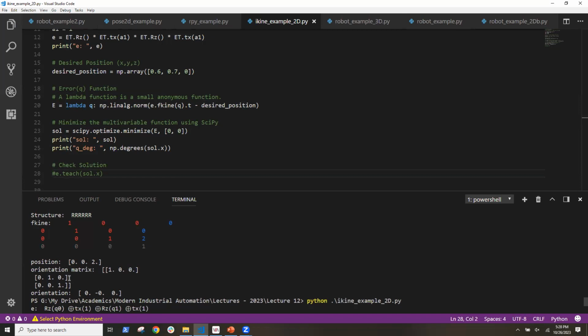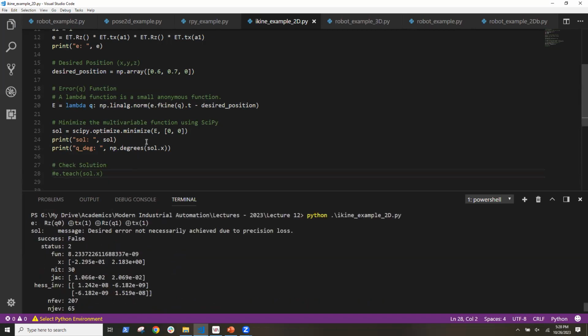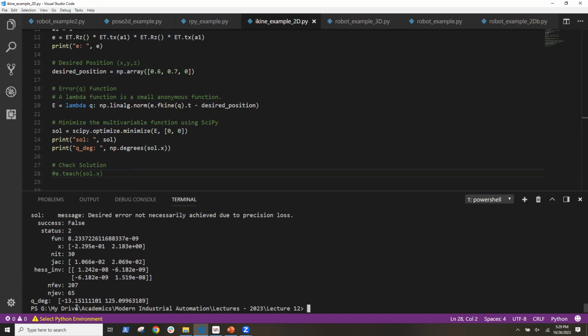And I'm going to do this minimization function. It did not converge at the position I needed, but it gives me an X position and a Y position. This is the first joint variable, and the second is in radians, and I convert it to degrees.